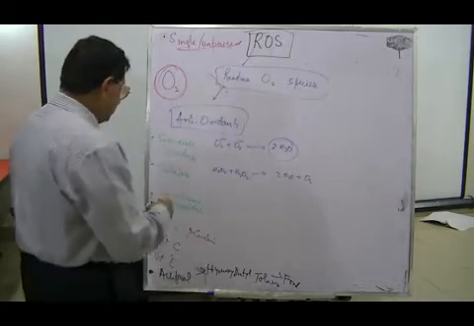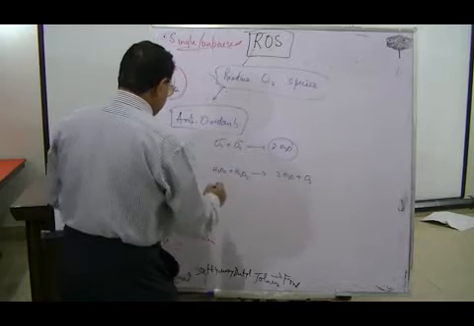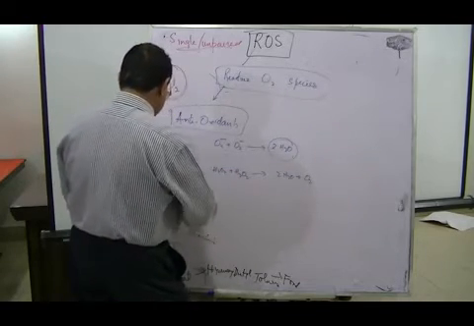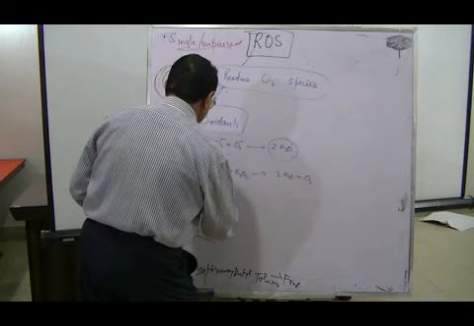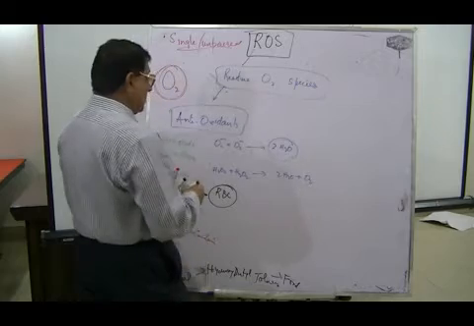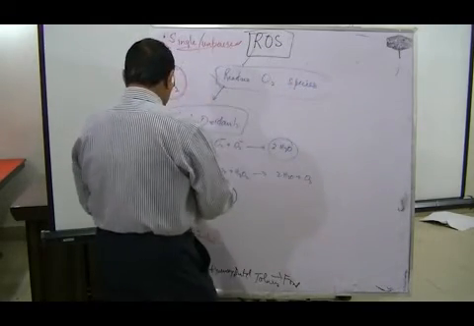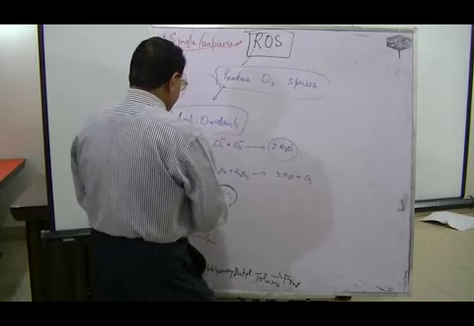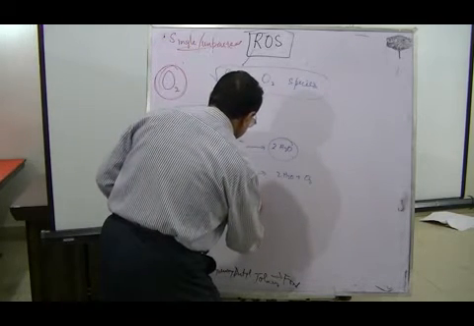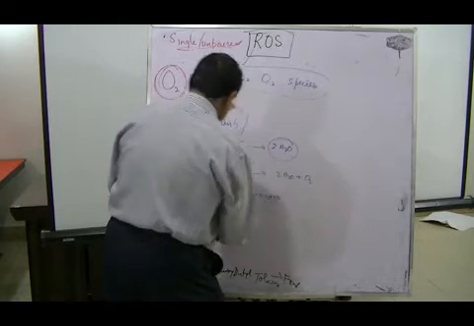Glutathione peroxidase. This is present in, rich in RBCs, red blood cells. What does it do in RBCs? In RBCs, there is the HMP shunt. It helps in the production of NADPH2.